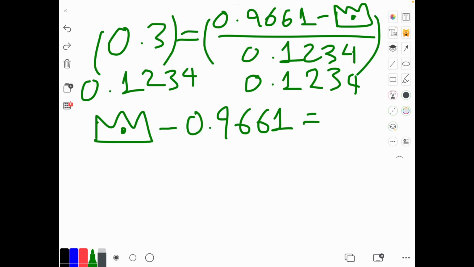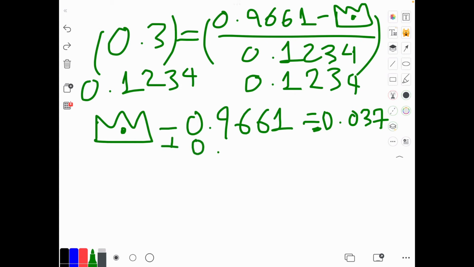0.3 times 0.1234, you get 0.037, and this is going to be minus the value because we put it on the other side. Because we switch places, it differs.